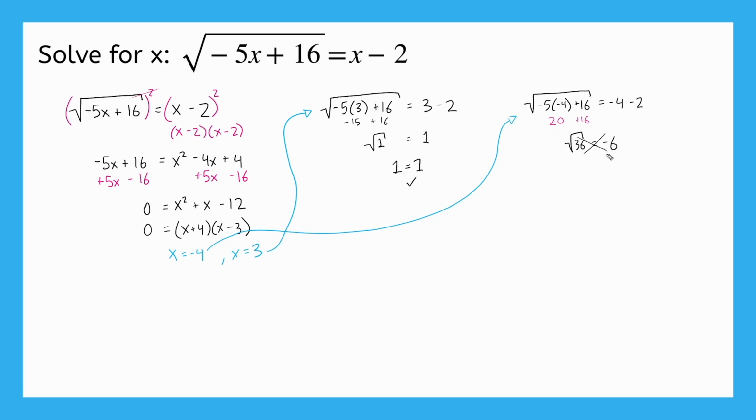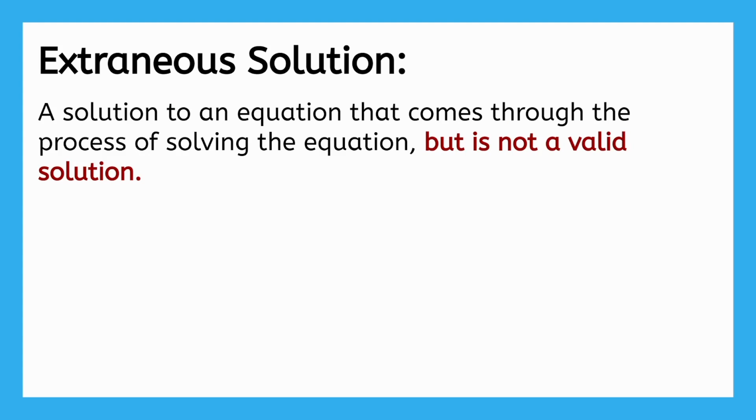This is not true, so we are not happy with this negative 4. This is an extraneous solution. An extraneous solution is a solution that comes through the process of solving an equation but is not a valid solution.